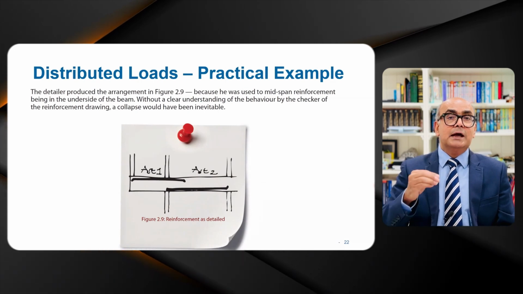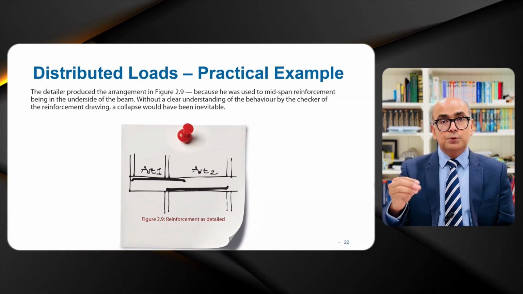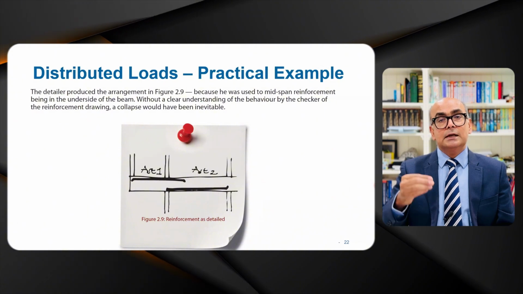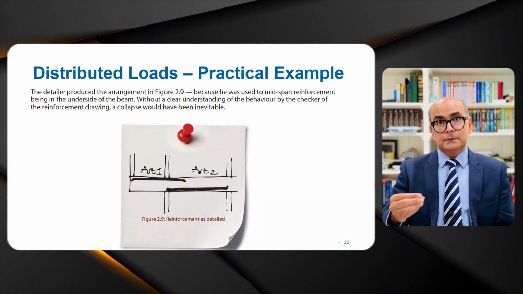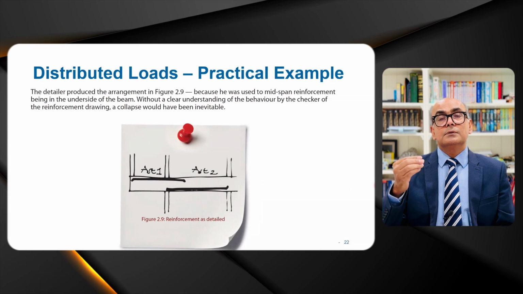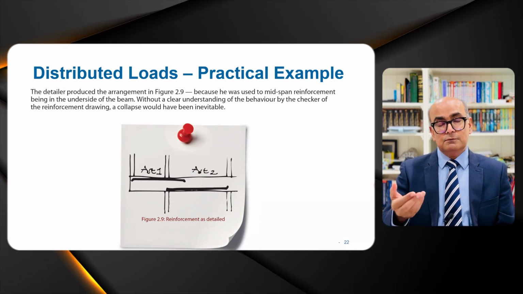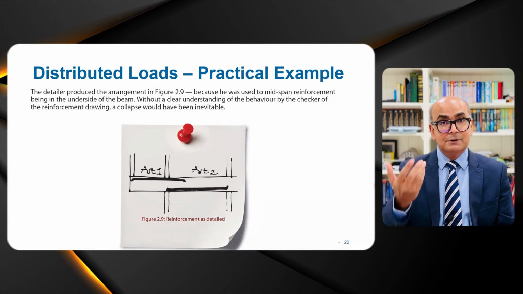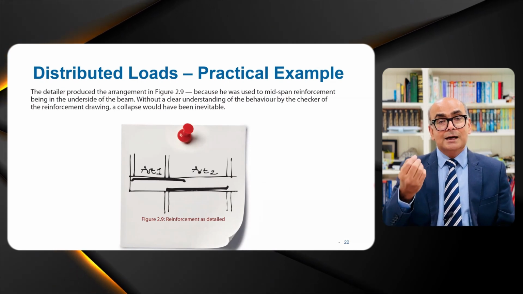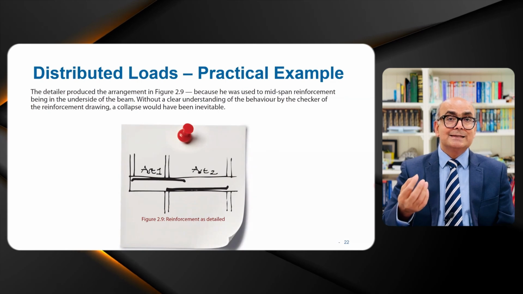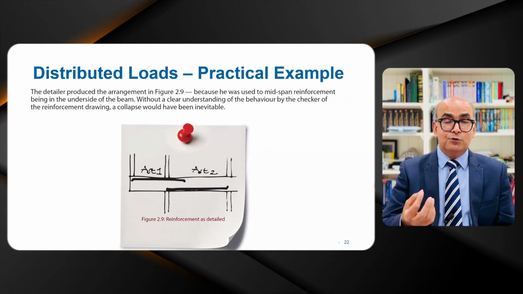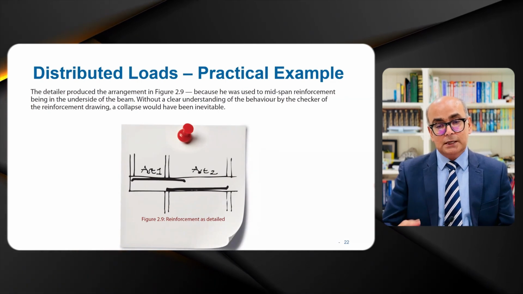So wherever you have bending moment, you provide reinforcement at that point, because reinforced concrete cannot take any tension. Especially when you have tension, almost certainly you will need steel reinforcement so that it can work together.